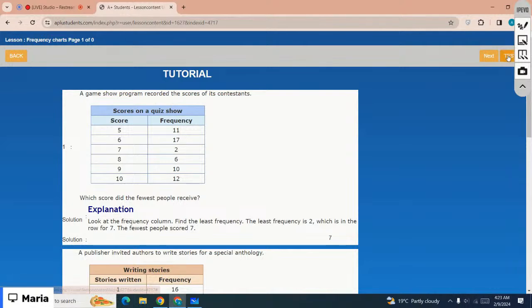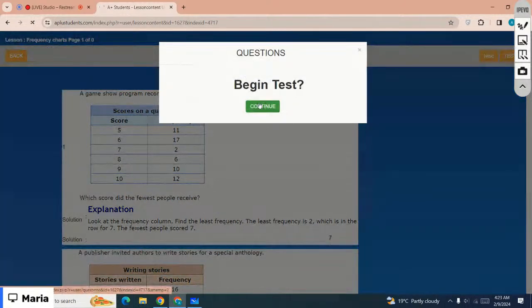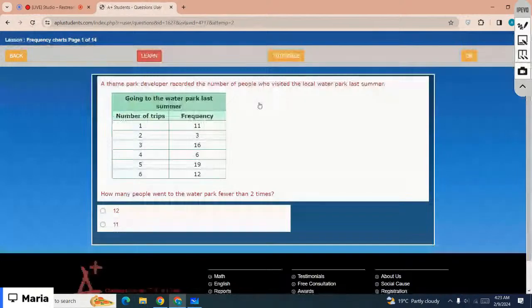Let's just start with the test questions. A theme park developer recorded the number of people who visited the local water park last summer. How many people went to the water park fewer than 2 times?